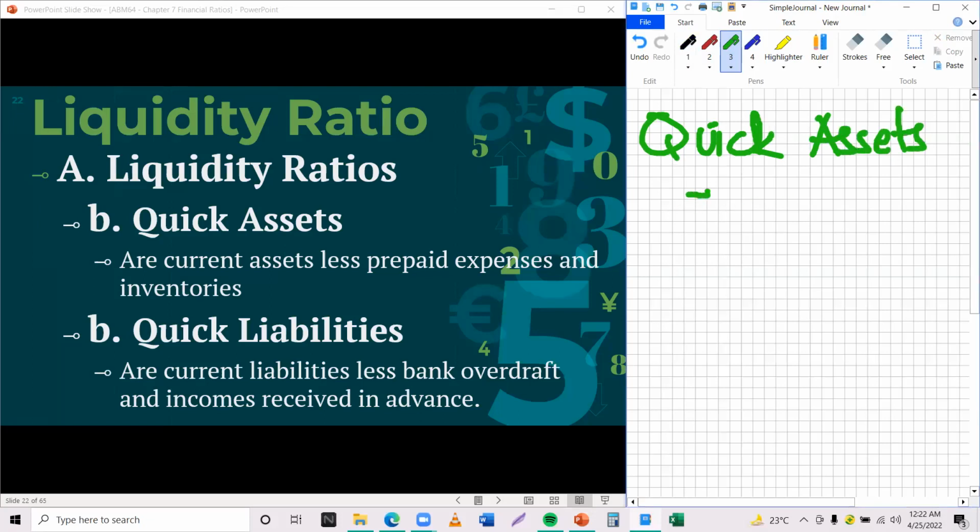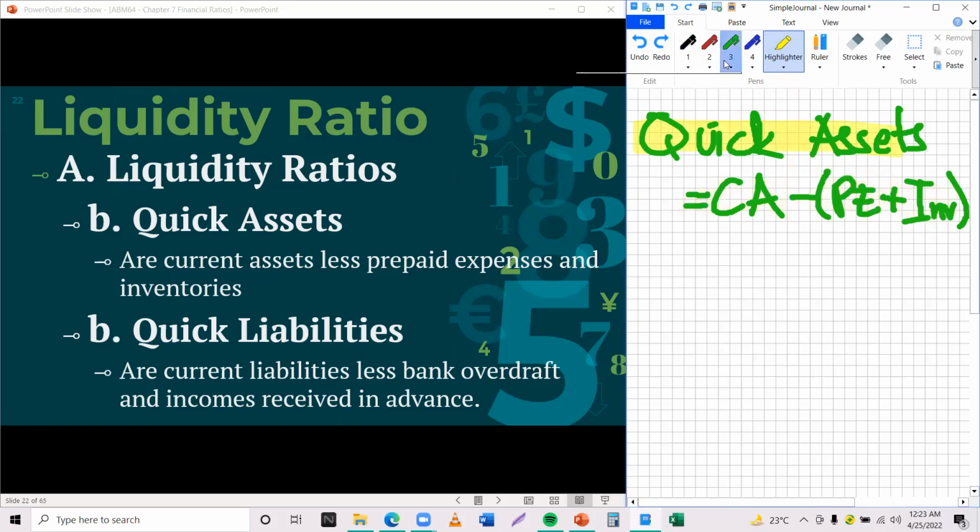Quick assets are current assets less prepaid expense and inventory. I'll just put INV for inventory. So that's the formula: current assets less prepaid expense and inventories.